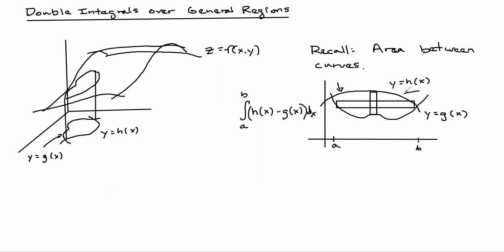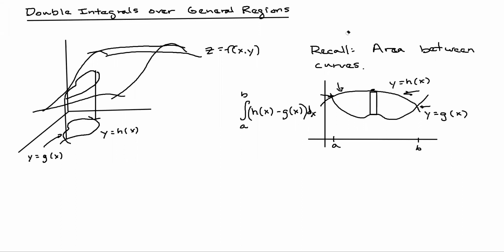You'd have to find some place to split those up, where the left side is defined by one function and the right side by a different function, and they switch functions at this point and at this point. So it becomes a really difficult endeavor to go left to right. When you have a function that makes up the entire top and one function that makes up the entire bottom, the easiest way to find the area is to go top to bottom.